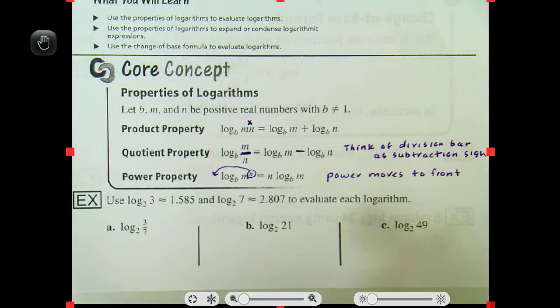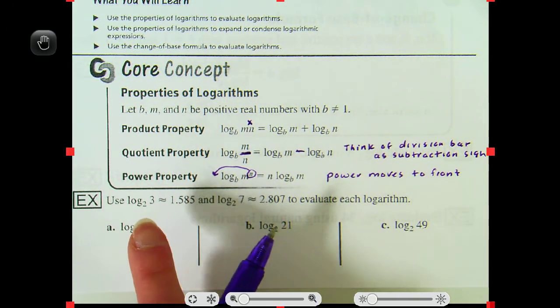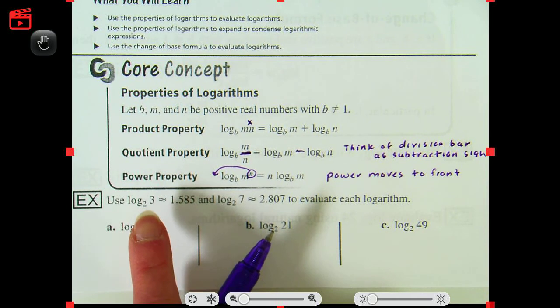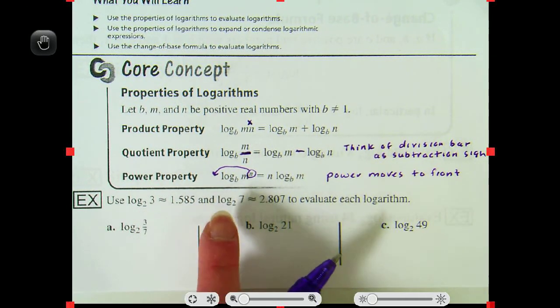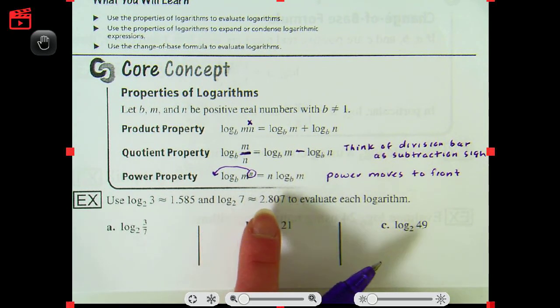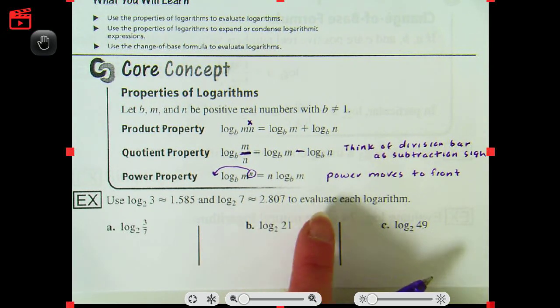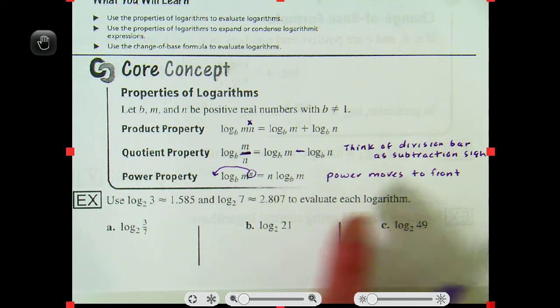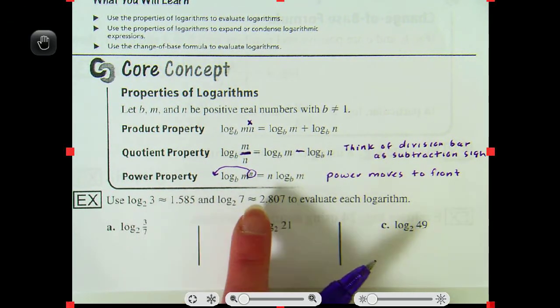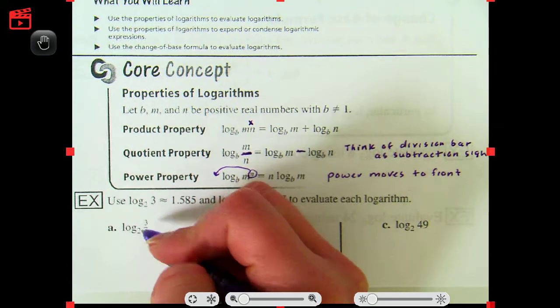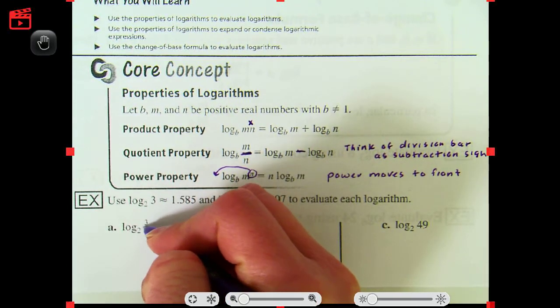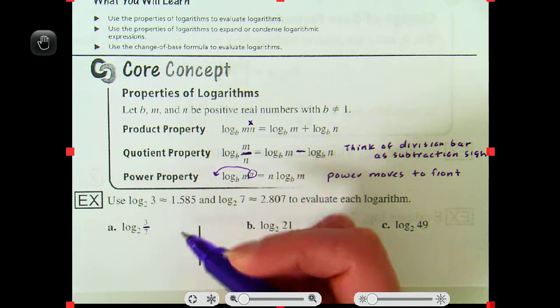So using those properties, they want us to use log base 2 of 3, which they're telling us is approximately equal to this decimal, and log base 2 of 7, which is approximately equal to this decimal, and evaluate each logarithm. So just think we have a 3 and a 7 as part of our logs. So here, if I have log base 2 of 3 over 7, hopefully you catch on that since this is division, that little division bar sign reminds you of a subtraction sign.